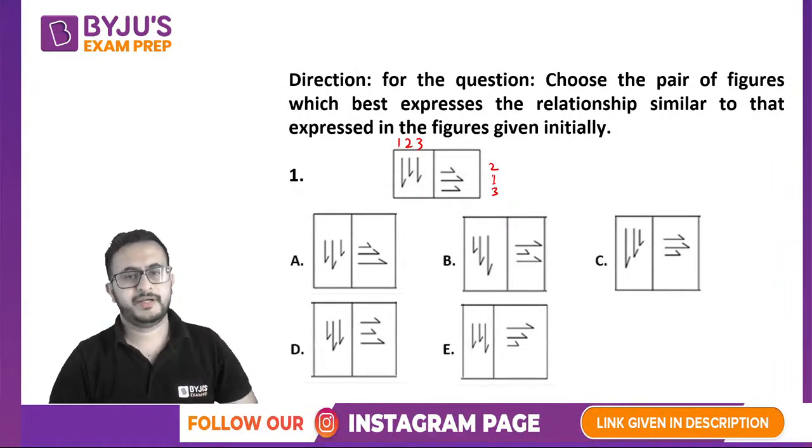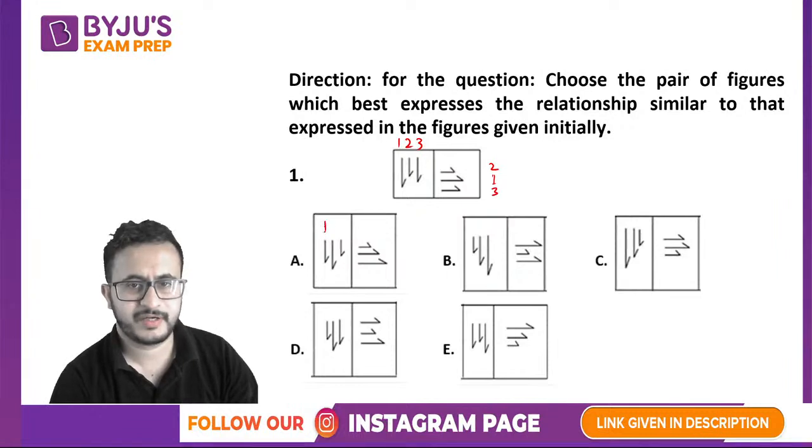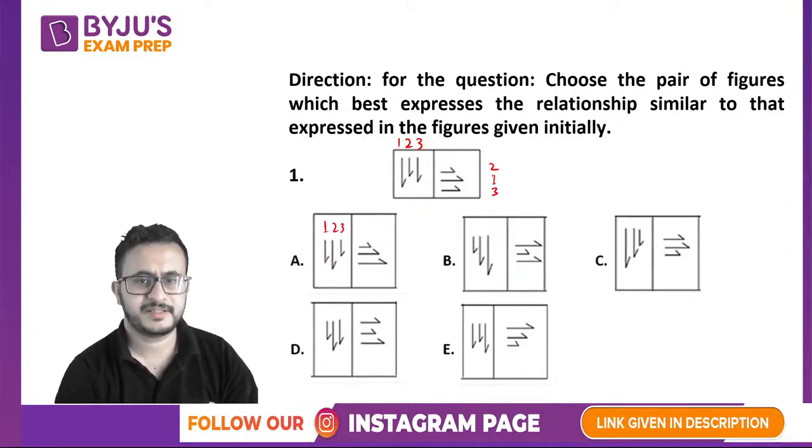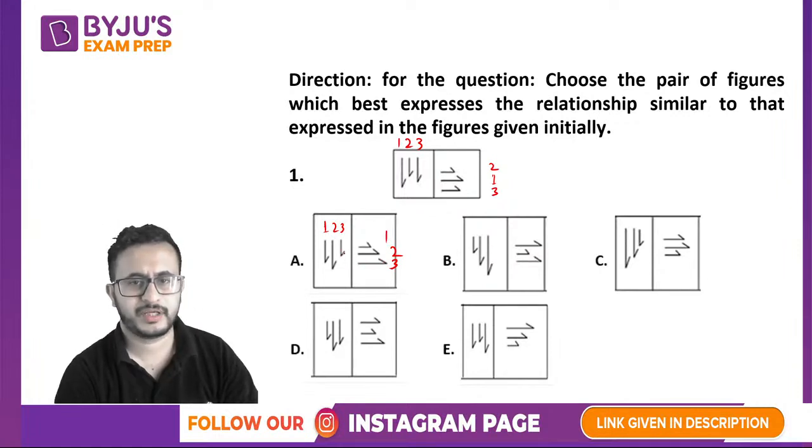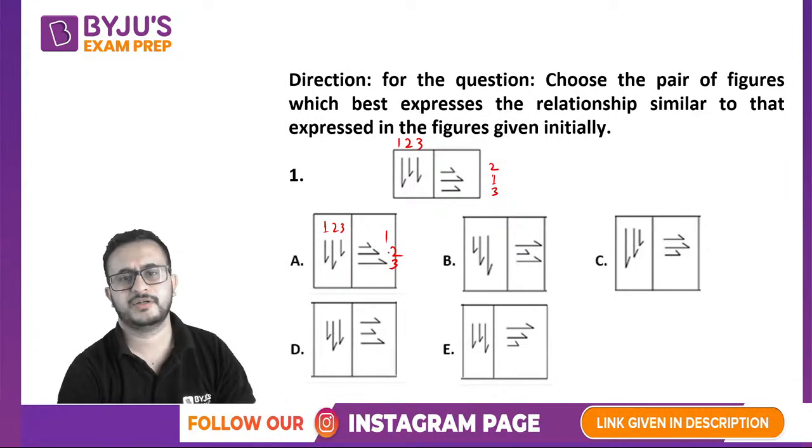Now let us check the options. This is 1, 2, 3. The first line is the middle line, and the middle line goes to the center. Fine. The longest line has come to the bottom and this has gone to the top. It has become 1, 2, 3 only, so that is not correct.